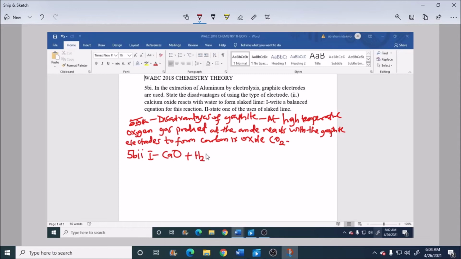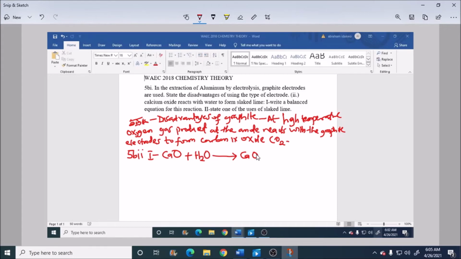So question 5b Roman figure 2, we react calcium oxide with water to form slaked lime. That is CaO added with water. Then we have slaked lime formed, which is calcium hydroxide, Ca(OH)2. Having calcium as a group 2 element, we are going to have the exchange of radicals, and we have 2 here, so that is calcium hydroxide.